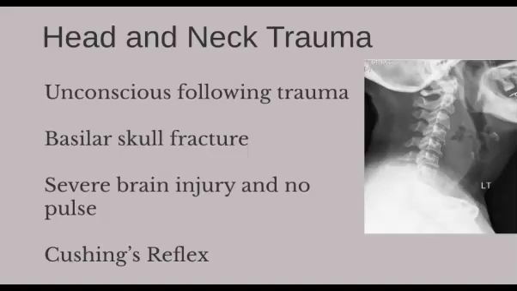Those are classic signs of basilar skull fractures, which can have, of course, serious complications, including a brain injury. And so if they ask you something about bruising around the eyes or periorbital ecchymosis, so peri is around, ecchymosis is bruising, periorbital, so orbit, the eyes, suspect a basilar skull fracture.